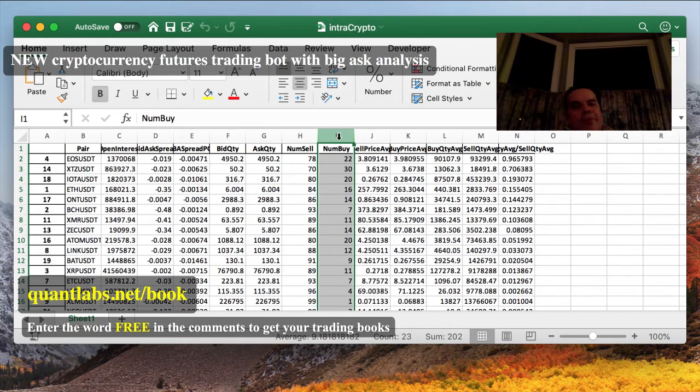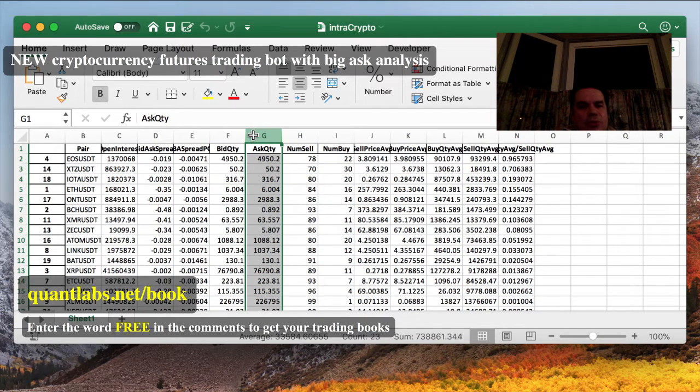So it's one thing to know the bid quantity and ask quantity and the price of those pairs, but it's also important to know what's actually being traded.